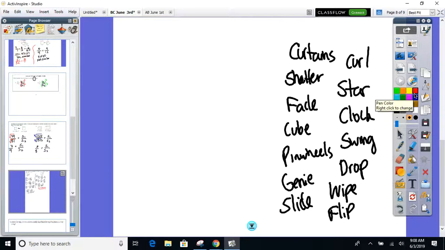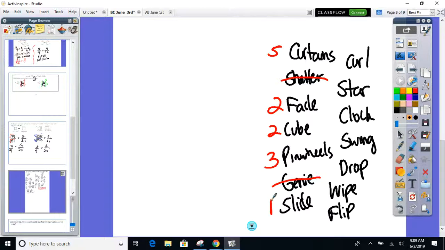Okay, are we done here? Here you go. Curtains. Shatters. Fade. Cube. Cube. 2 cubes. Pinwheels. Genie. Slide. Either way. All right.